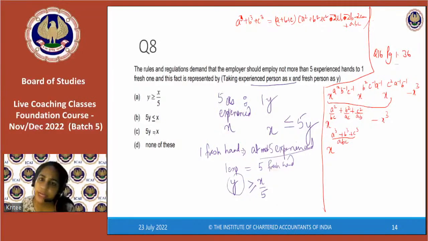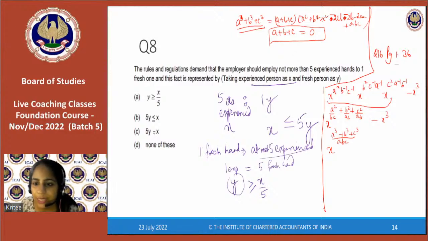I honestly don't remember the formula, but I know that for this to be equal to 0, a plus b plus c must be equal to 0. That was the condition here.